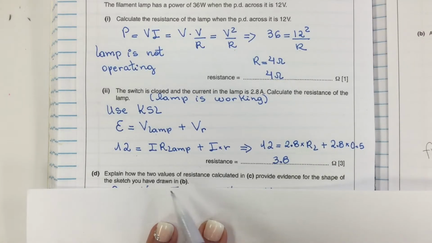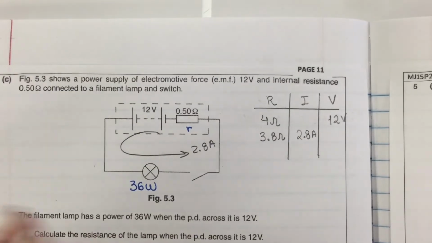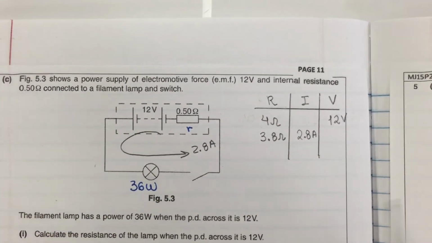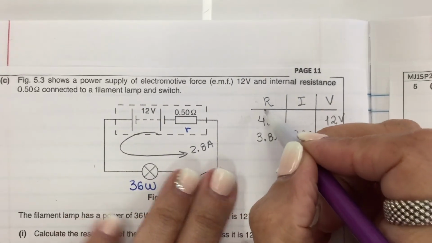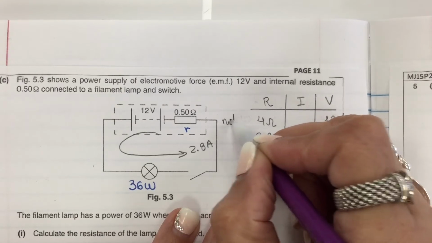D, explain how the two values of resistance calculated in C provide evidence for the shape of the sketch you have drawn in B. Before I answer this question, let me organize my thoughts using this table here. So there are two scenarios. One is the resistance of the lamp when it's not working.